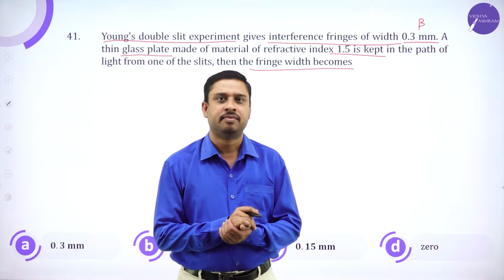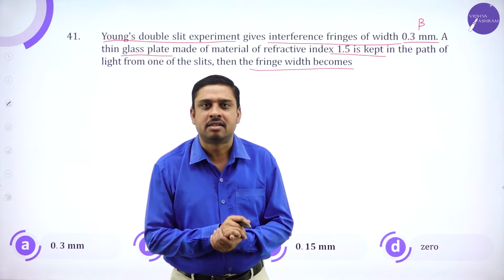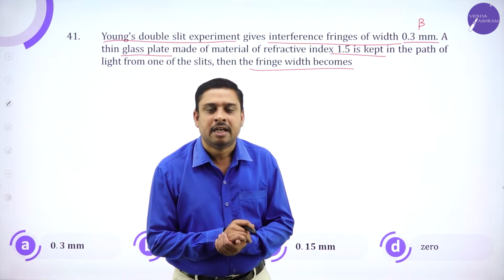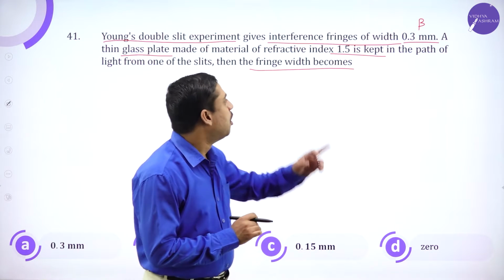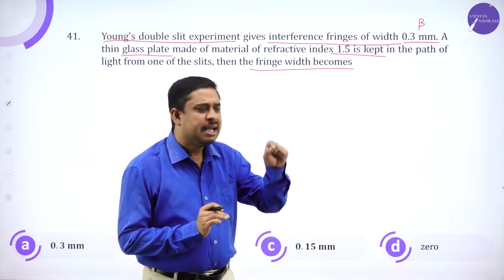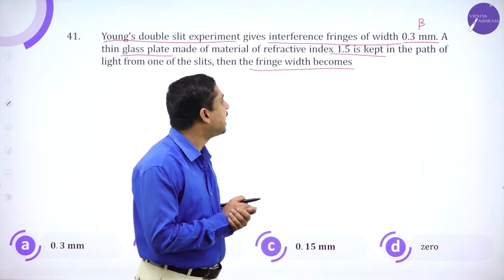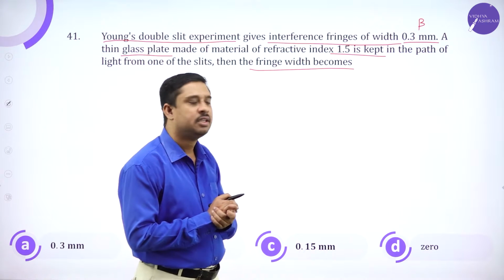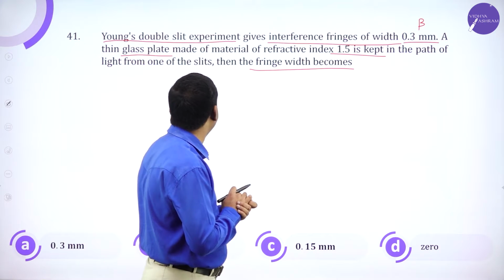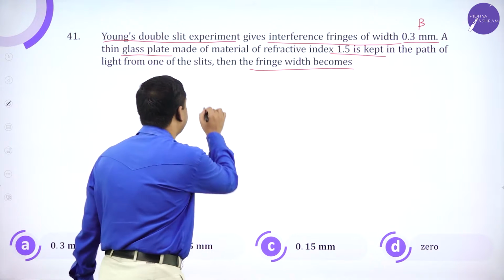Dear students, the problem says in Young's double slit experiment, fringes of width 0.3 millimeter is obtained. Now a very thin glass plate of refractive index 1.5 is kept in the path of light from one of the slits. Then what happens to fringe width?